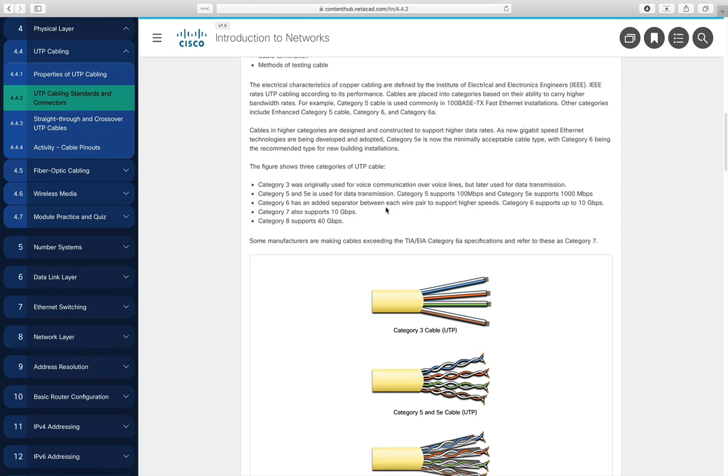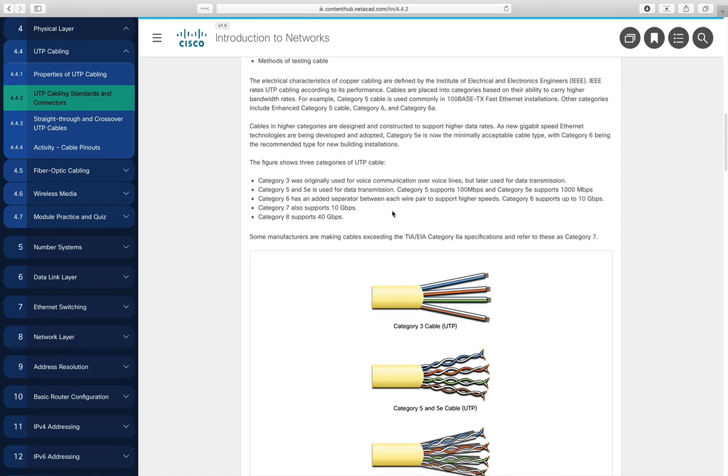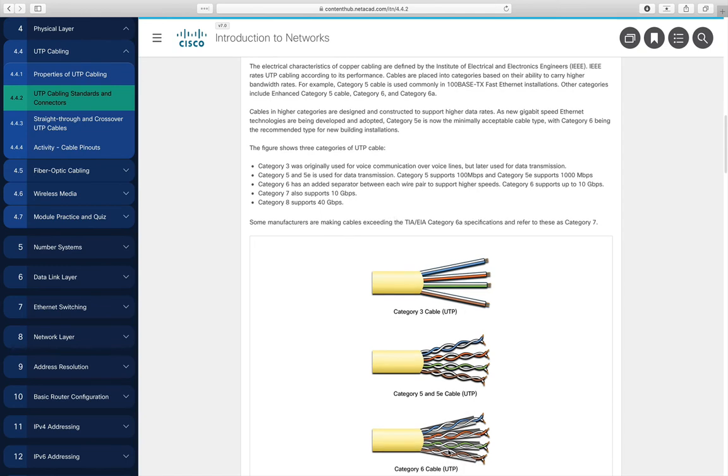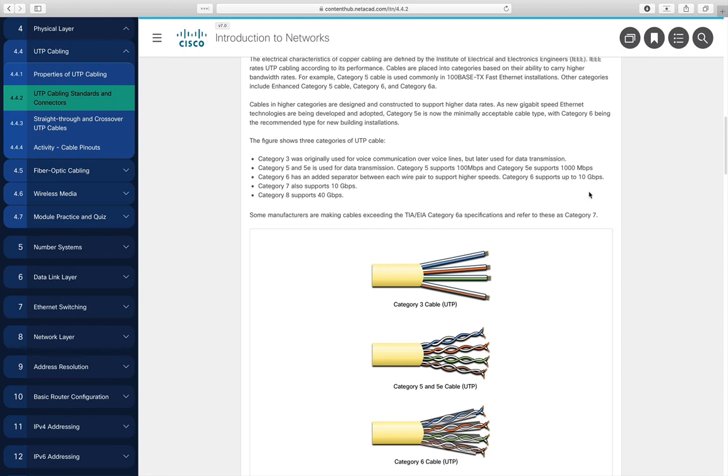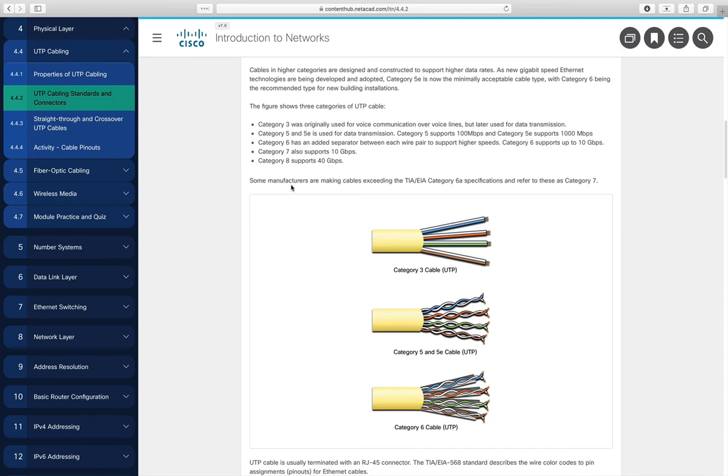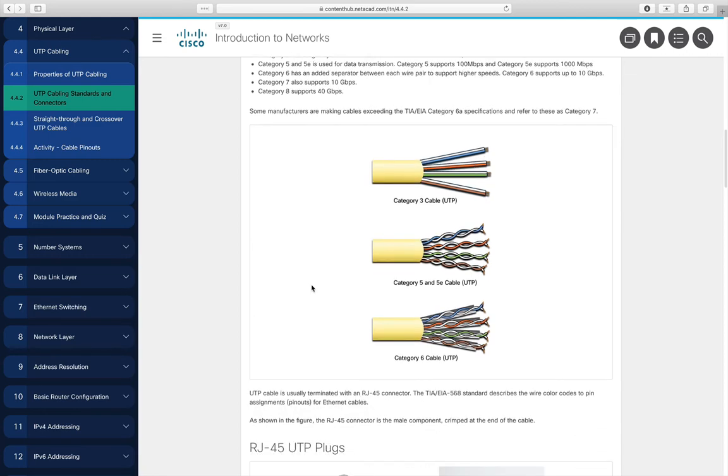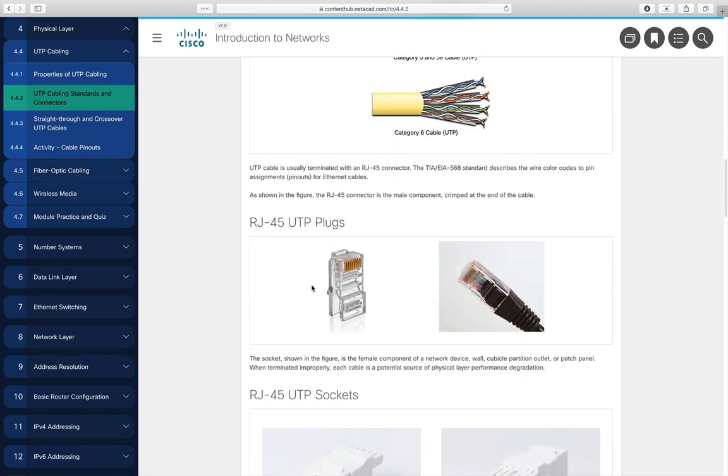Cat 6 has extra separation between each of the cables. We can see down here in the figure, each of them are separately shielded. You can go up to 10 gigabits per second. You have Cat 7 cable and Cat 8 cable supporting 10 and 40 gigabits per second. So that's what the categories are.